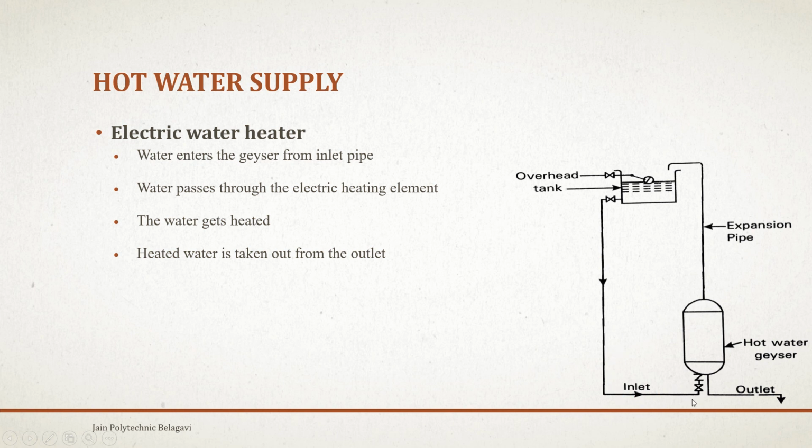Again we have a cock for getting in the water, and we have an electric connection for a rod, and it enters the water chamber of the geyser, which has coils in it, copper coils. When the water has entered, if we switch on the electricity, it starts heating up the surrounding waters.